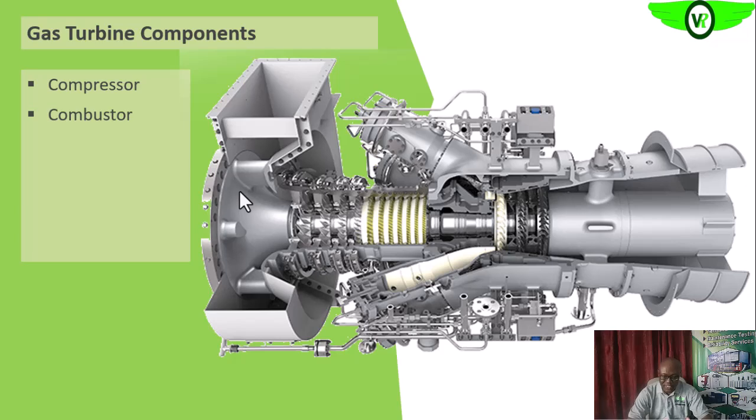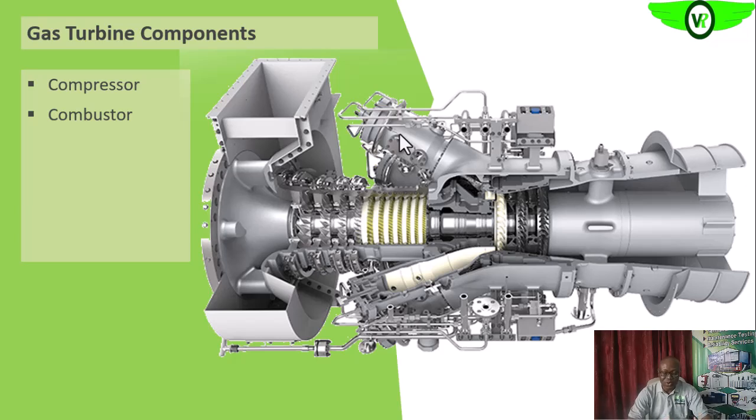The second part of the gas turbine is the combustor. So in the combustor, this compressed air that is generated in the compressor will be sent to the combustor. And then within the combustor, as you can see, we have fuel nozzle. That fuel nozzle, its function is to inject fuel into the compressed air, and then it is combusted.